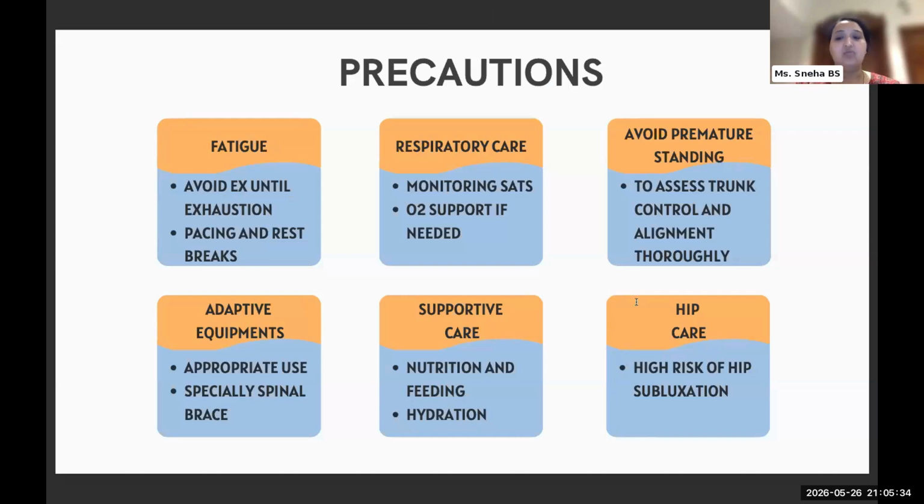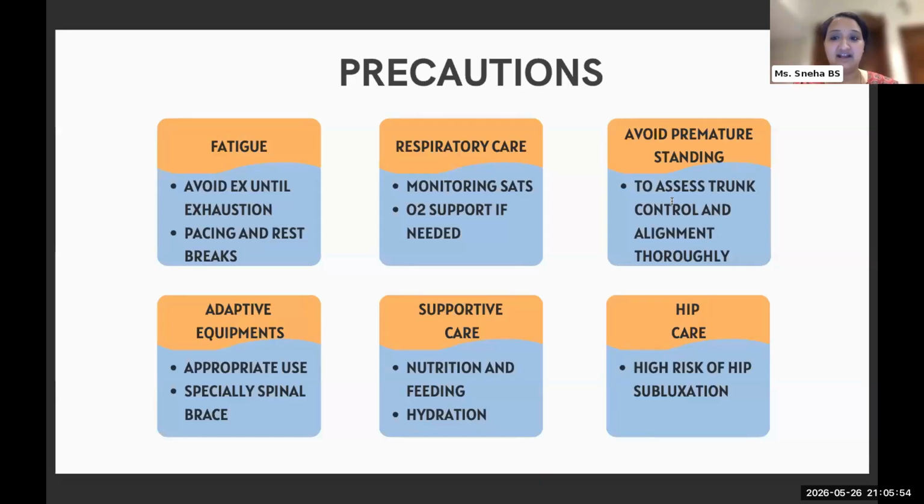Respiratory care, we're going to learn more about it later. Avoid premature standing. Many of the times pre-DMT to post-DMT, as I said, the children are improving very well, but we need to be careful and not be too ambitious in making them stand, step and walk.